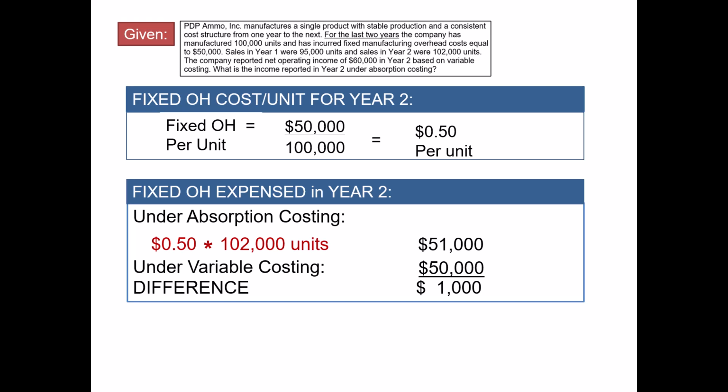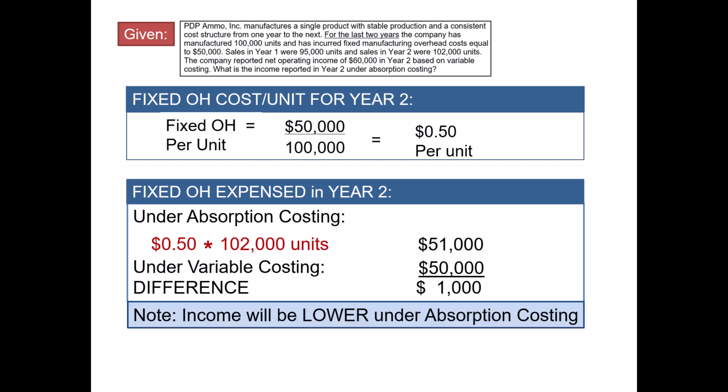And because we're expensing more cost under absorption costing, income will be lower under absorption costing. When you expense more, income is lower. Now we can finish the problem out by recalling that income reported under variable costing had been $60,000.